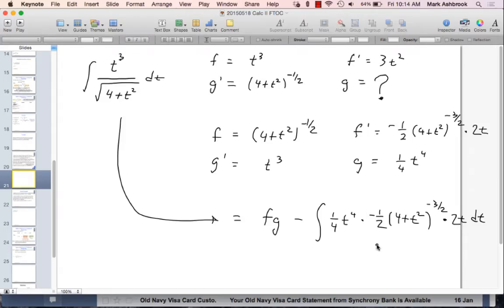Is it easier? No. It's kind of worse, right? It's kind of the same thing we had before, but instead of square root in the denominator, we have 3/2 in the denominator. Instead of t cubed, we have t to the 5th, which is not a match for 4 plus t squared in terms of undoing the chain rule. So it seemed like neither way worked.